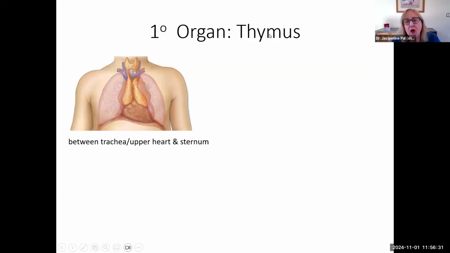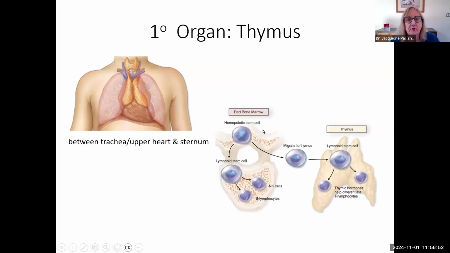The other primary organ is the thymus. You may not have heard of it. Do not confuse it with the thyroid gland in your neck. The thymus is in your upper chest. It sits at the upper part of your heart, behind your breastbone, and in front of your windpipe. So between your trachea and your sternum. Okay. And what happens is, you remember those stem cells I talked about in the red bone marrow?